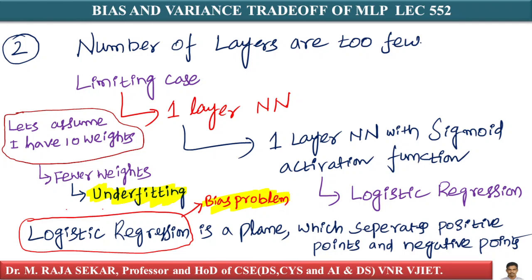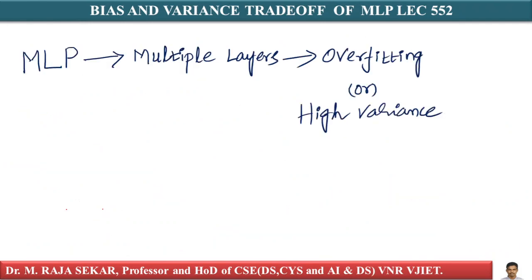You might wonder, and typically multi-layer perceptrons don't have a problem of underfitting as much. They typically run into the problem of high variance, isn't it?